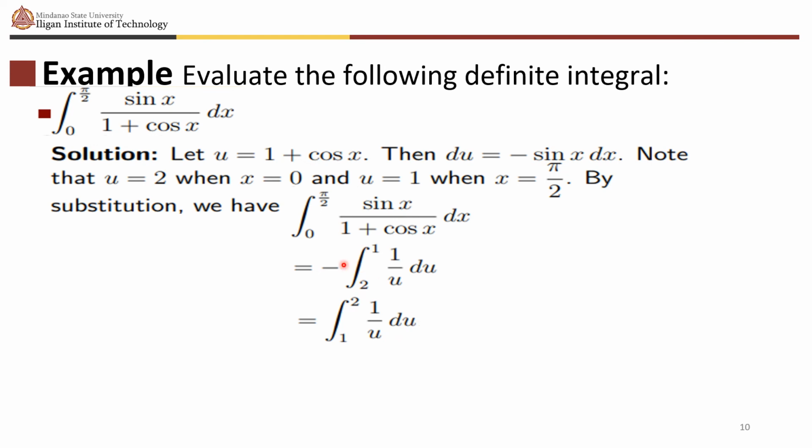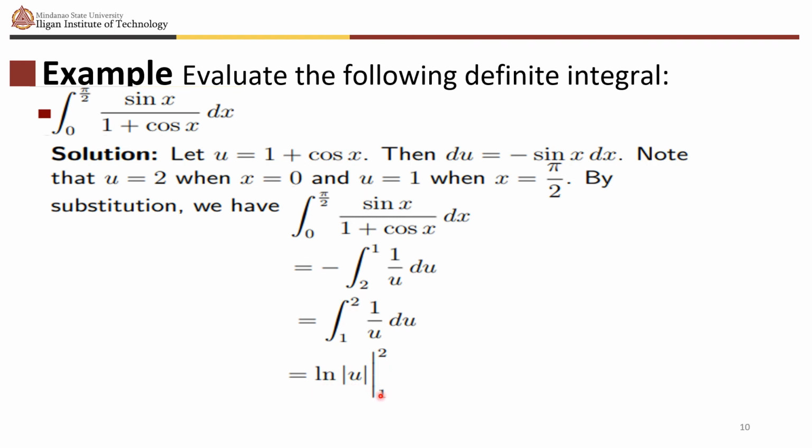That's a trick there. You can interchange the limits of integration, but you also have to change the sign from negative to positive, and you have 1 to 2 instead of 2 to 1. And you know how to evaluate this integral. That is equal to ln of the absolute value of u, evaluated from 1 to 2.